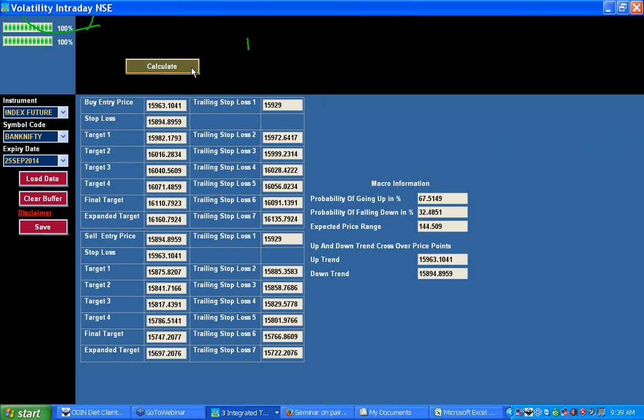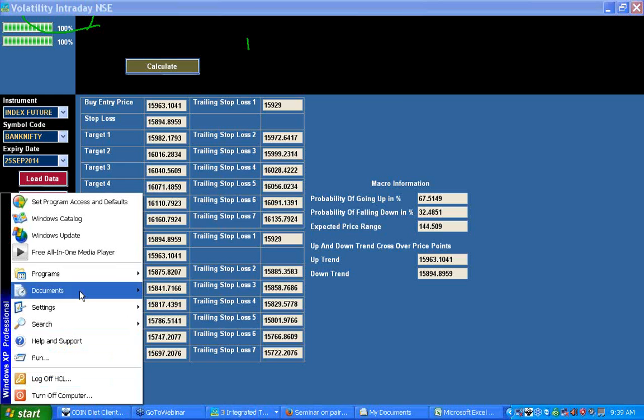So this says that currently we are at 15,925. If it crosses 15,963, think of buying Bank Nifty, keeping a stop loss of 15,894, and these are the targets in the up move, and these are the targets in the down move.